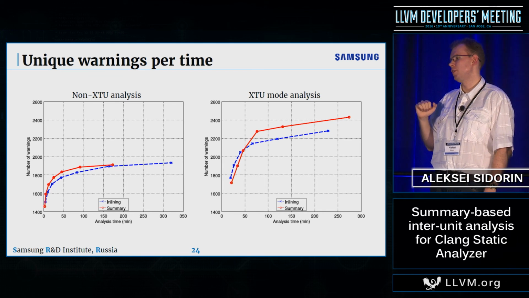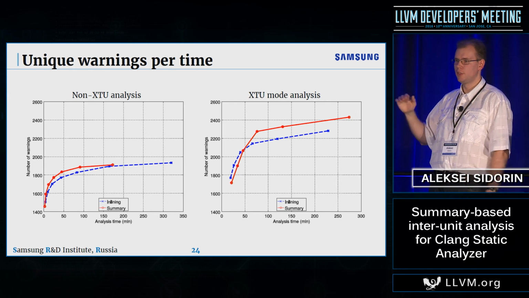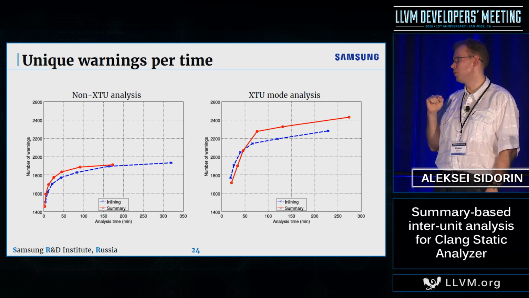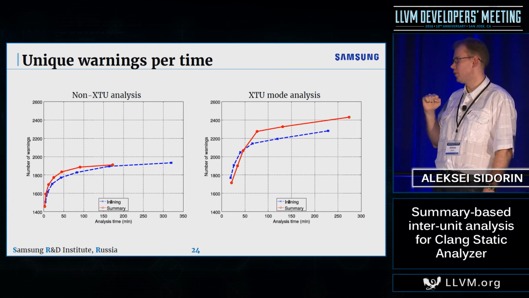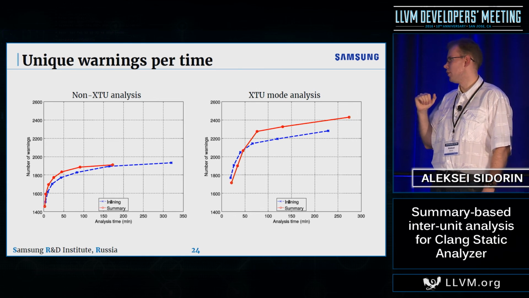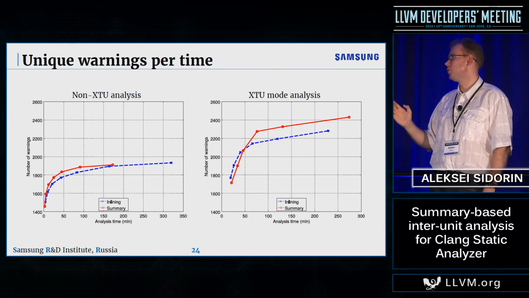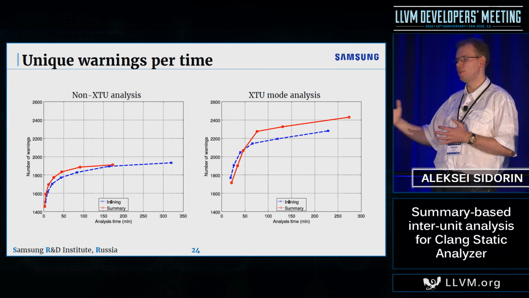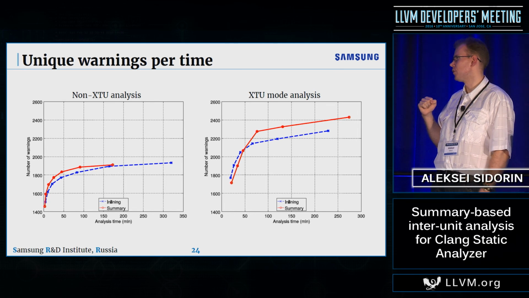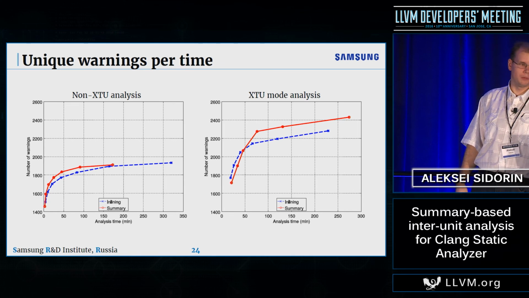In single translation unit mode, we usually have a limit of warnings which can be emitted. But in this case, we can also see that summary performs better, and we need much less time to get the same amount of warnings. And for XTU mode, the summary performs much better in case of large exploded graphs, which was the main target of our implementation.